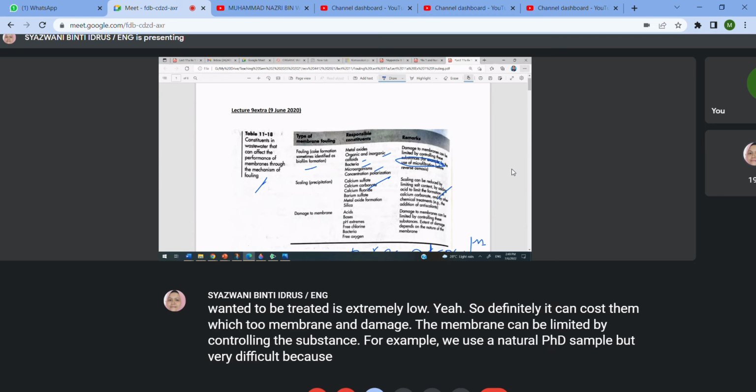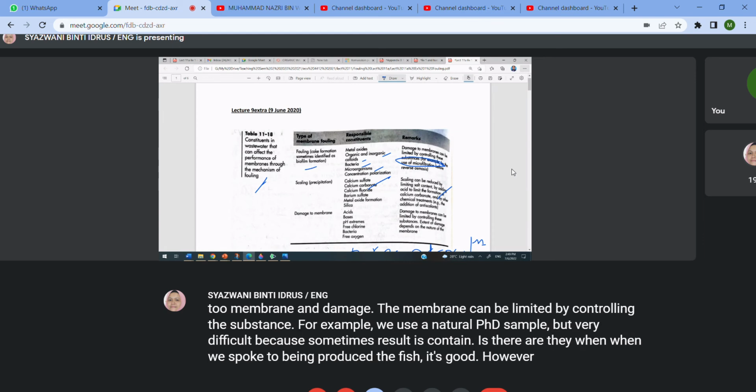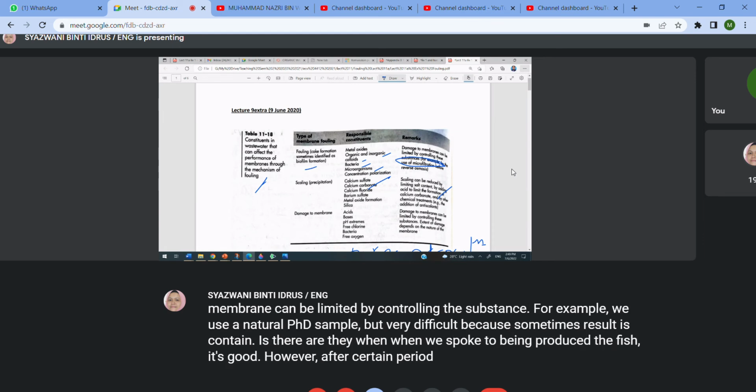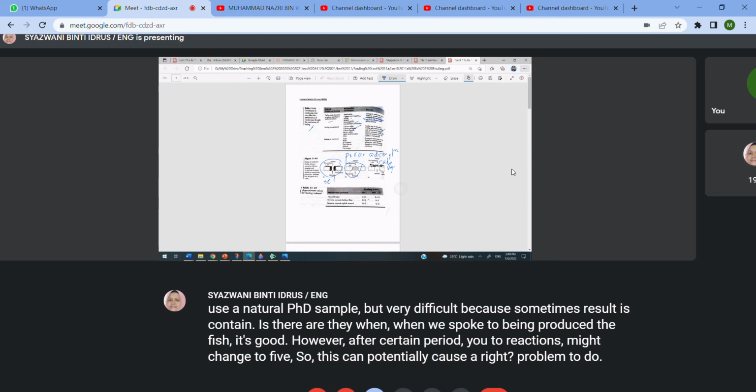When wastewater is produced, the pH may be at 7. However, after a certain period, due to reaction, the pH might change to 5. So this can potentially cause a problem to the membrane.